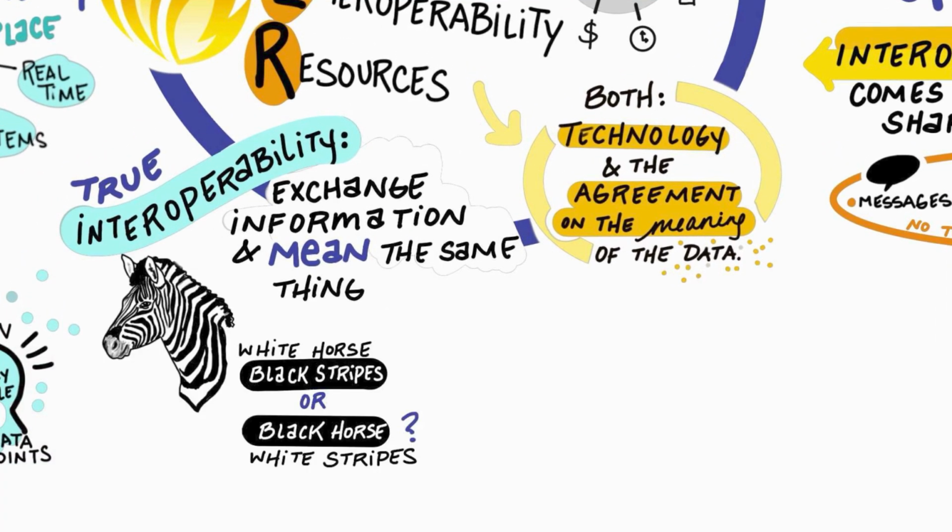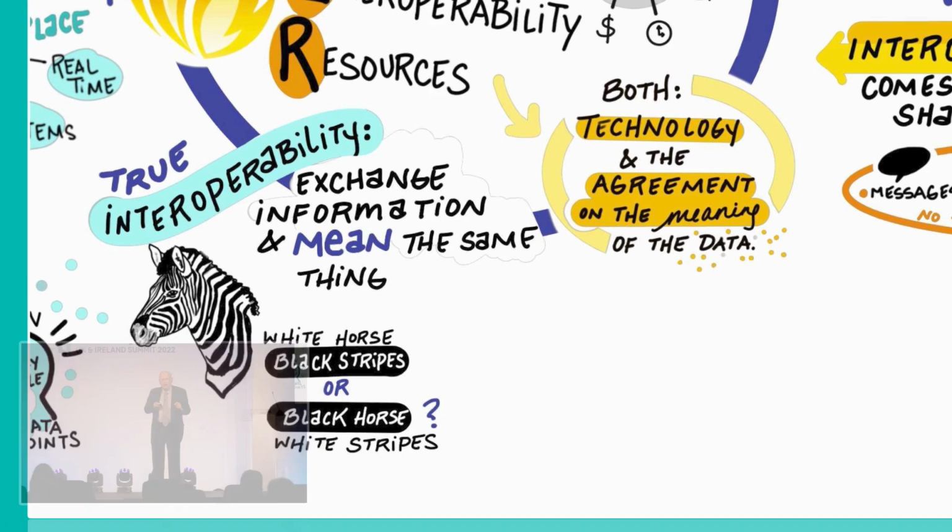If two people had never seen this animal before, and one of them says, it's a white horse with black stripes, and the other one says, it's a black horse with white stripes. Well, even if it was two children, they would figure out pretty quickly they were talking about the same thing. But to a computer system, those are absolutely two different things. They are not the same thing, and those two descriptions are not interoperable.